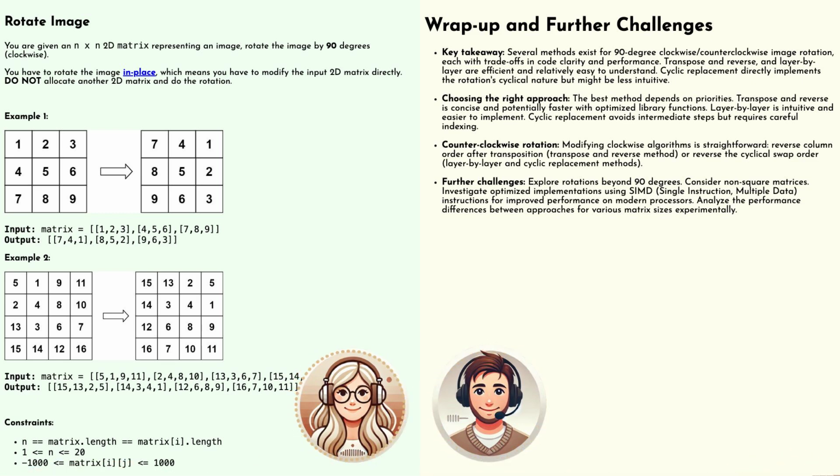Kind of. Think back to the layer by layer approach. We were rotating each layer, swapping 4 elements at a time. Right, like a little square dance. Exactly. Now imagine, instead of doing those 4 separate swaps, we could do it all in one move. So like a shortcut. Exactly. It's like taking a high-speed train instead of a local. Less stops. You get to the same destination.